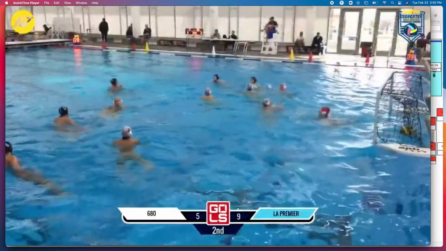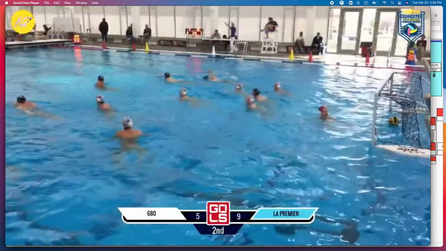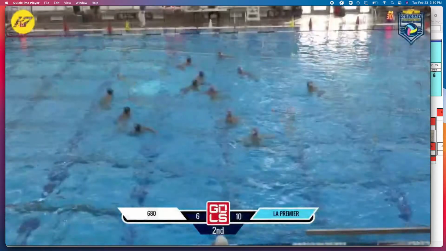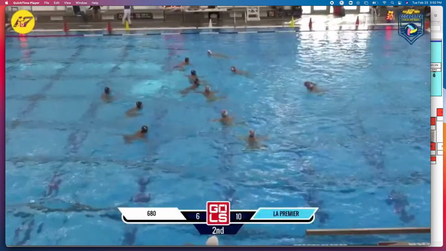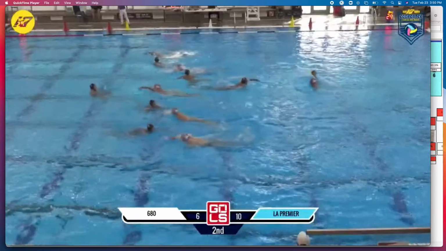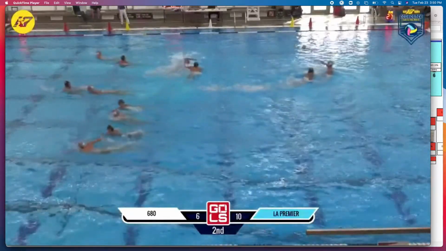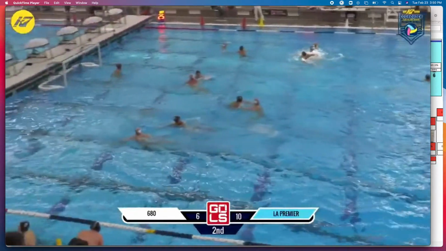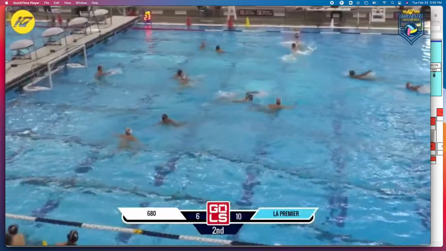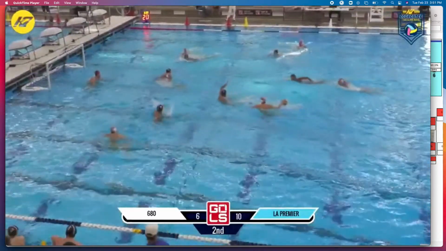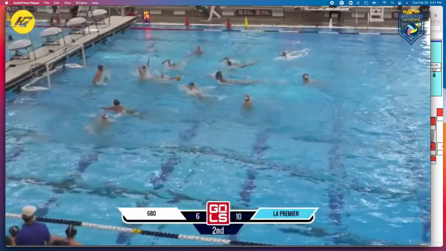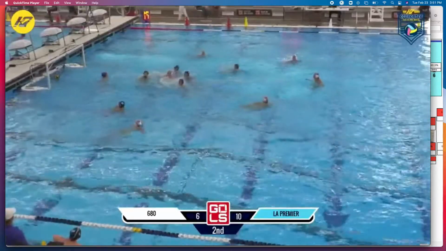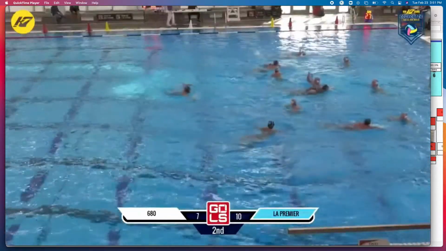Dean Strausser hits, scores. Into the hands of Grant Watson. Watson back hand there by Piero Ari.